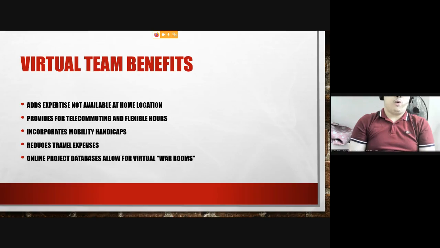First, it adds expertise not available at the home location. Actually, in the accountancy program, we experienced this. We added expertise, so there are teachers that are not residing in Butuan City. They work in Manila, Makati, and other places, and even outside the Philippines, they can actually teach in FSUU.